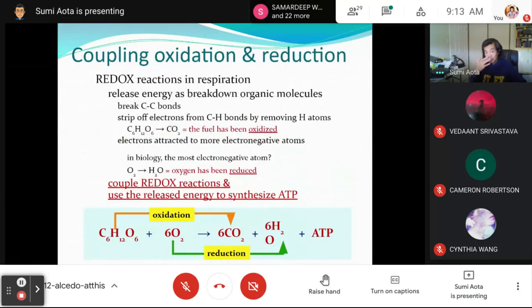So redox reactions in respiration release energy as a breakdown of organic molecules. We're breaking carbon-carbon bonds, and we're also taking electrons from carbon-hydrogen bonds by removing the hydrogens.